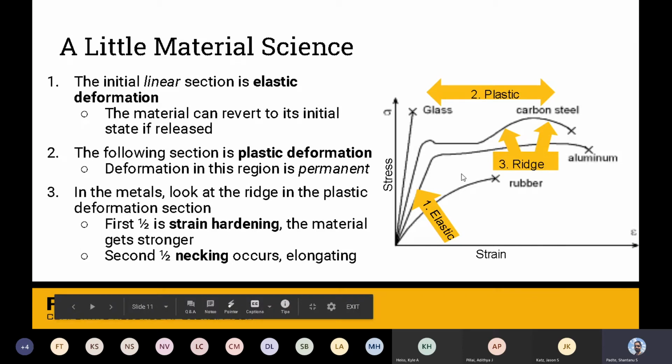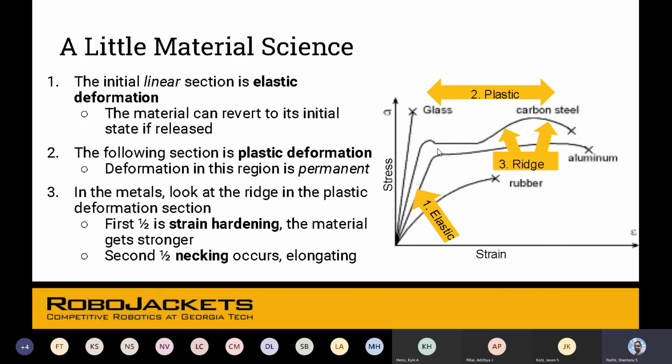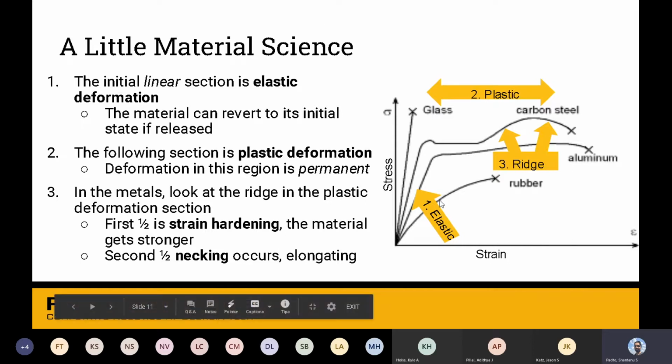Okay. And there's just one more thing when it comes to metals. So there's this sort of ridge over here. What do you think this ridge is for? Has anyone ever heard of strain hardening? So basically, when you start applying stress to carbon steel here, it'll stretch, it'll stretch, it'll stretch, and then it'll sort of go over this bump.